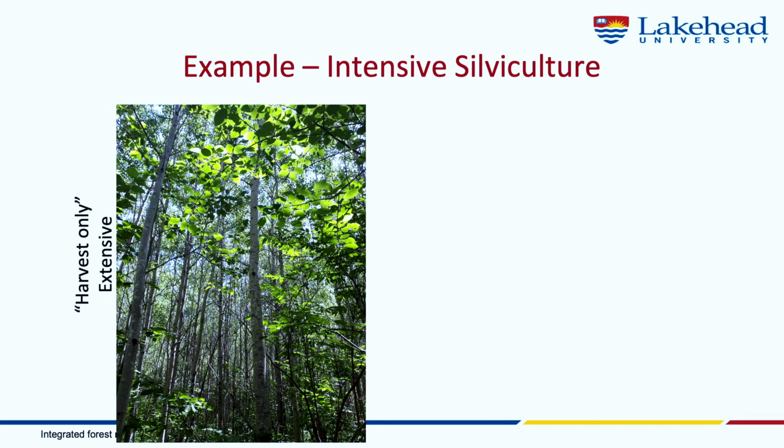This is representative of extensive forestry, where essentially the only thing that was done to the stand was we came in, we cut it down, and then we left it to do its thing afterwards. As you can see, there's been a lot of grow back. Specifically, there's a lot of aspen mixed in here, and it's very, very dense, which can limit some of the spruce grow back, and it doesn't allow for a lot of space.